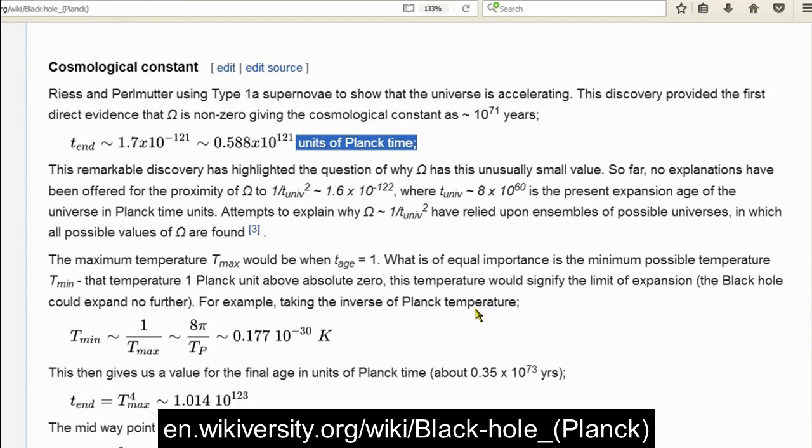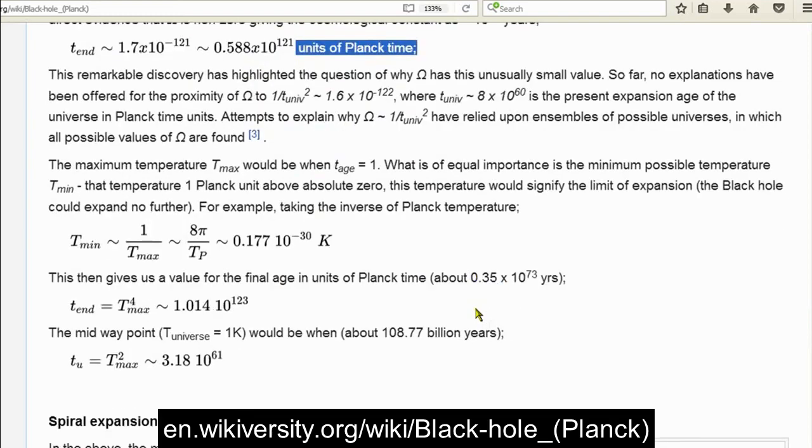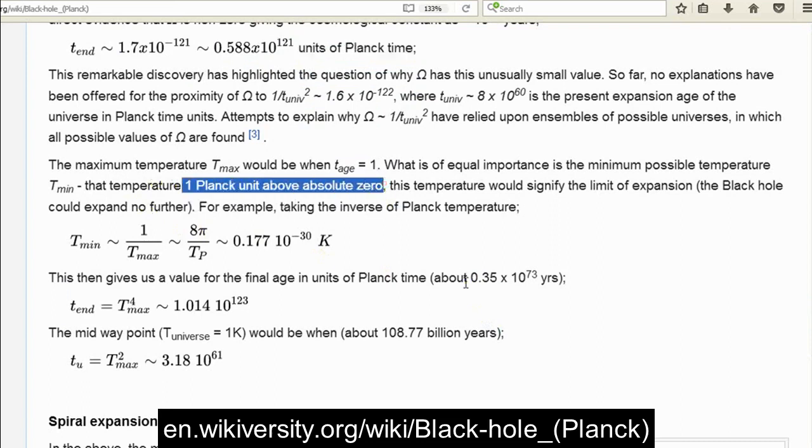Now we want to know when our simulation will end. Now our simulation began at TH equals 1, and the temperature was Planck temperature divided by 8 pi. So the simulation will presumably end when we're at absolute zero, or 1 Planck unit above absolute zero, because then the simulation can go no further.